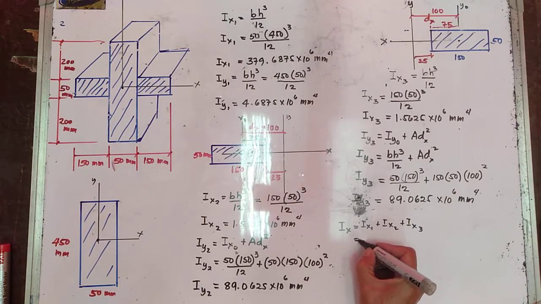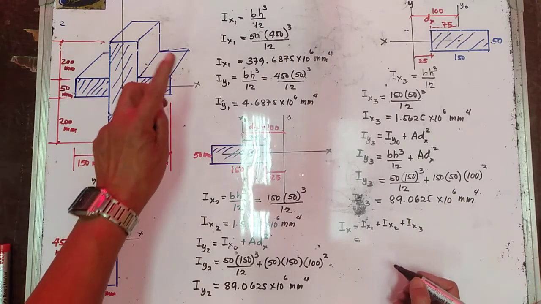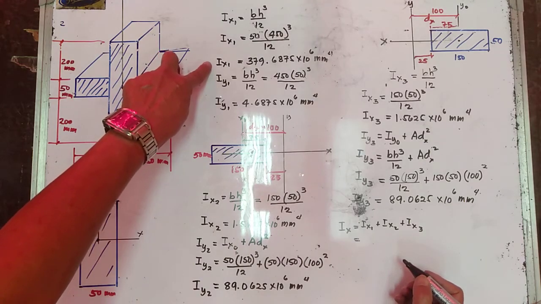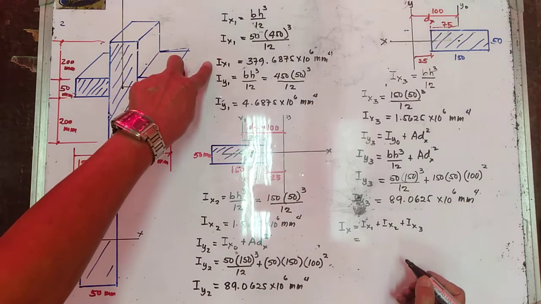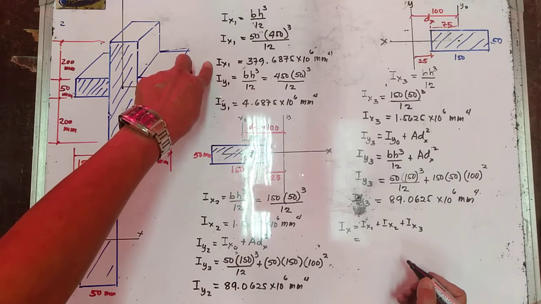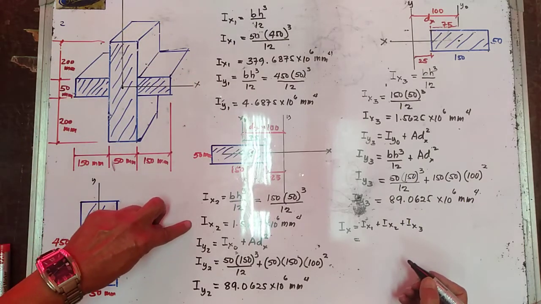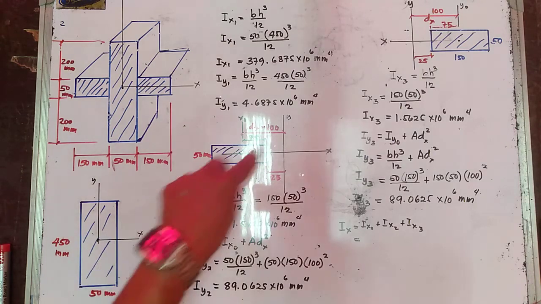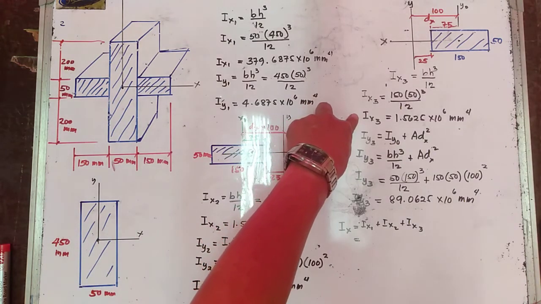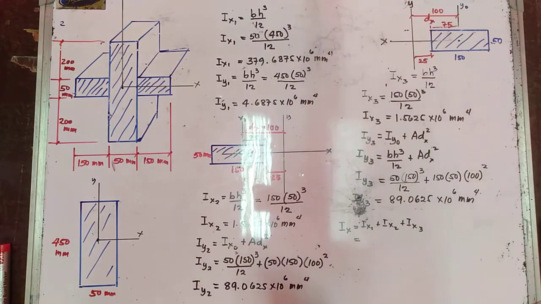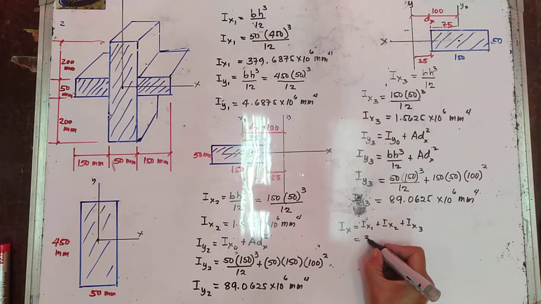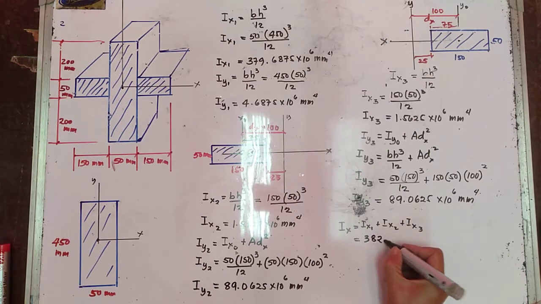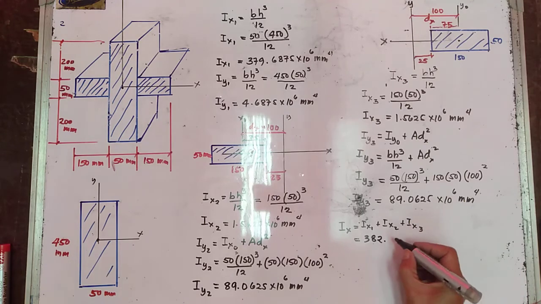This is equal to 379.6875 times 10 to the 6, plus 1.5625 times 10 to the 6, plus 1.5625 times 10 to the 6. So that is equal to 382.8125.